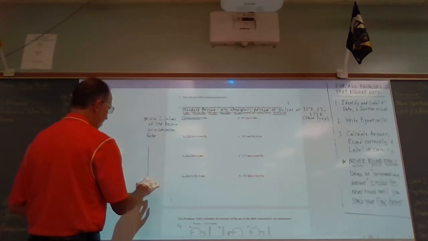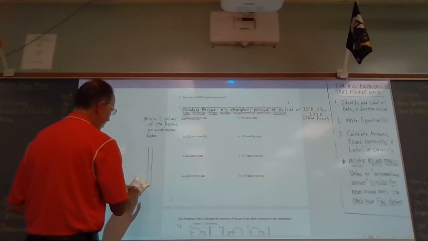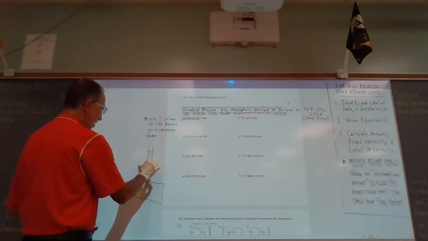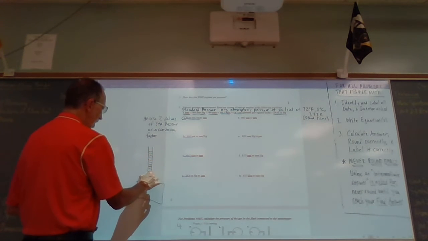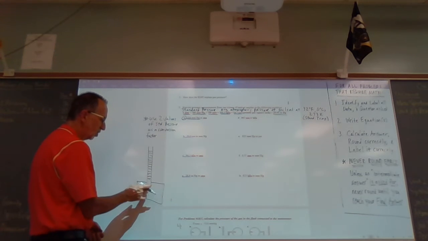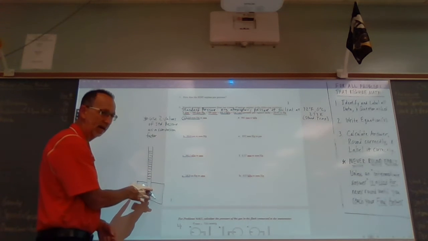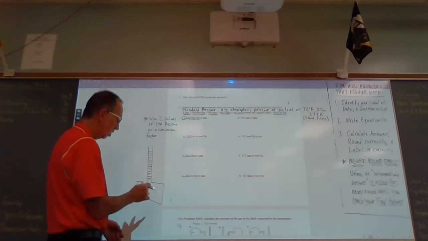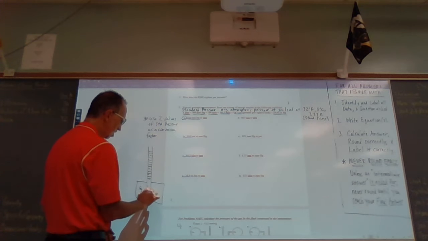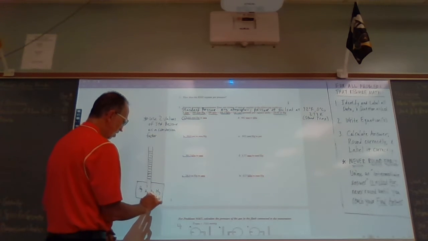So here's a setup of a barometer. Basically you have a glass tube with measurements on it, inserted into a reservoir of liquid mercury. We have mercury down here, mercury particles all throughout.